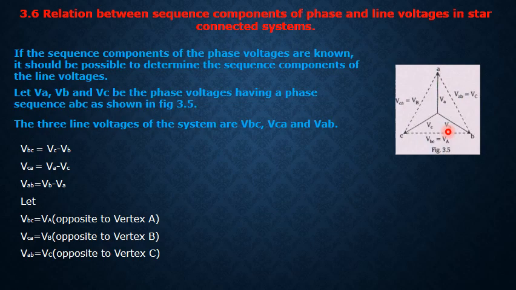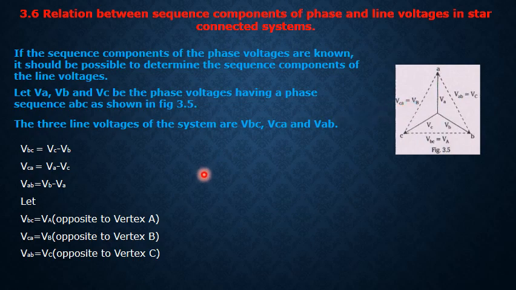Here there is a slight difference between the voltages, so we need to remember these subscripts wherever necessary. The phase voltages are mentioned with small subscripts, small a, small b and small c, and the line voltages are mentioned as Vab, Vbc and Vca.